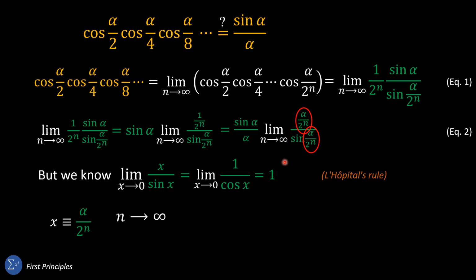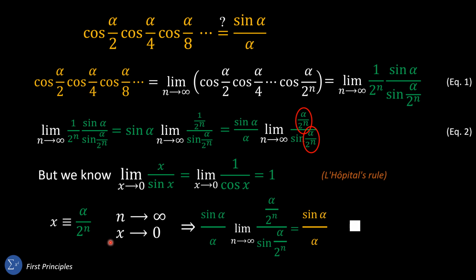Now if n goes to infinity, alpha divided by 2 to power of n goes to 0, because 2 to power of infinity is infinity, but alpha divided by infinity is equal to 0, goes as a limit to 0. So is x equal to 0.